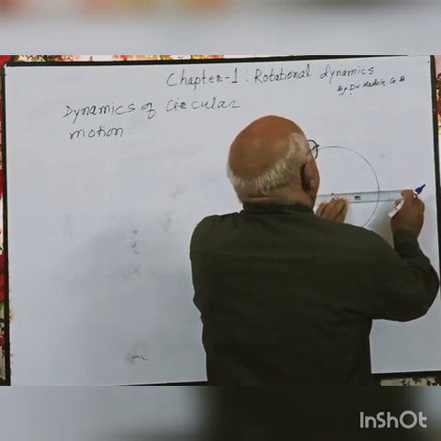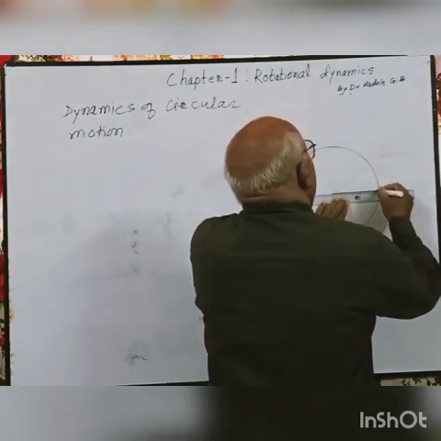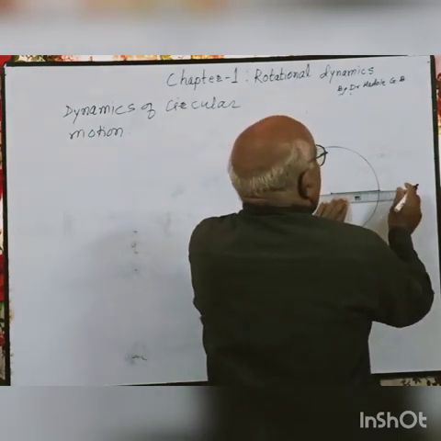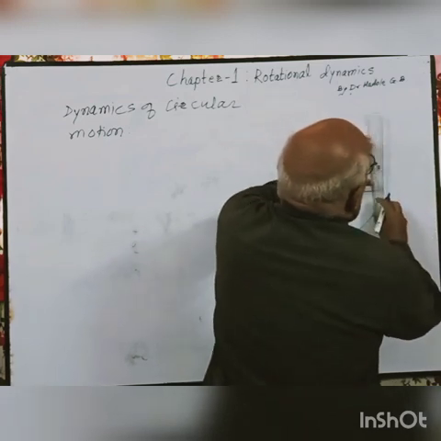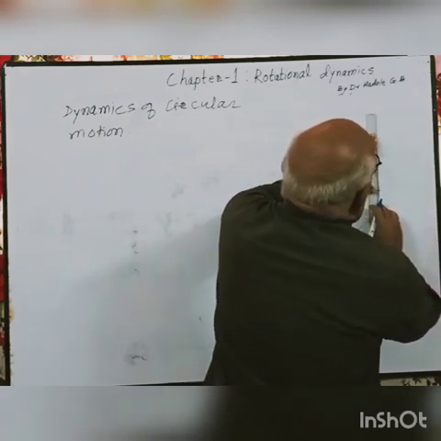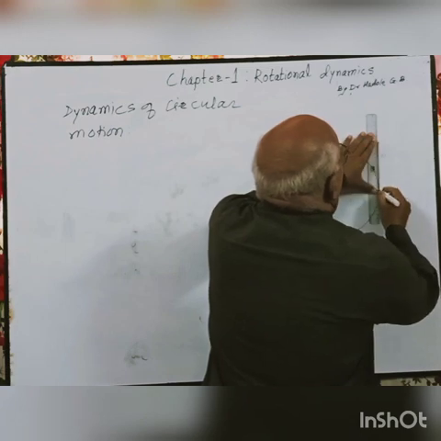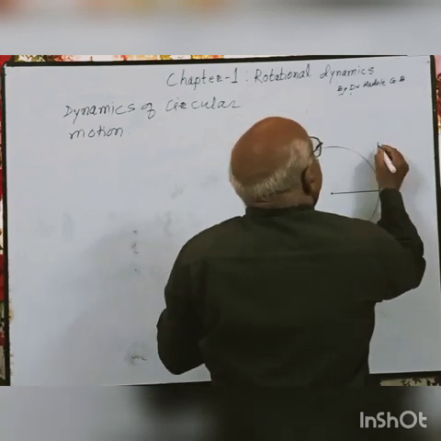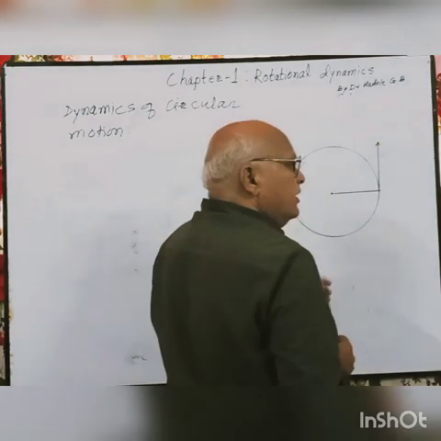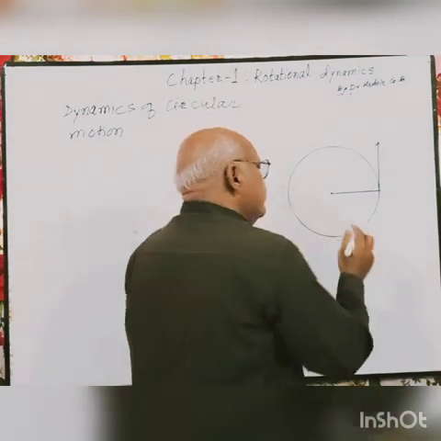Suppose a particle is performing circular motion along the circumference of the circle. By Newton's second law of motion, every motion is being performed according to Newton's second law.